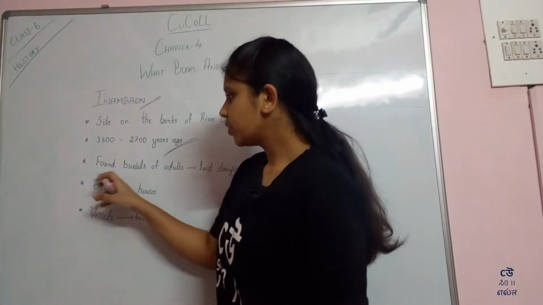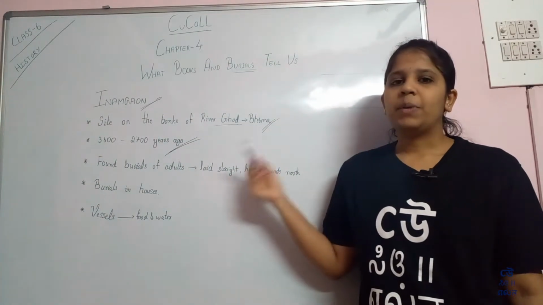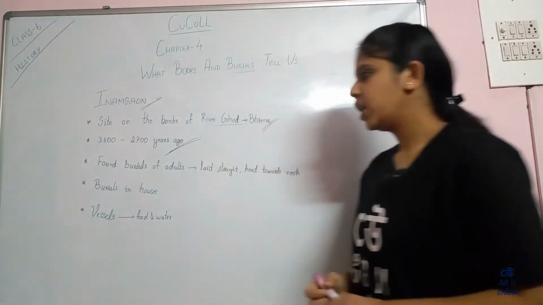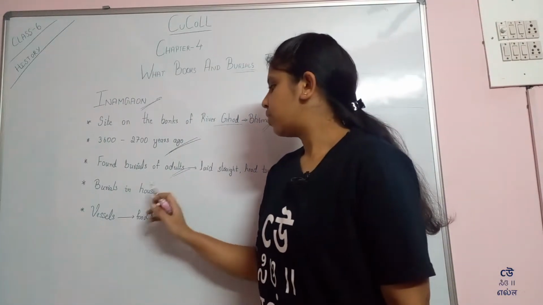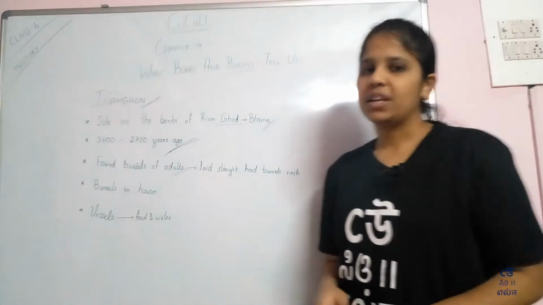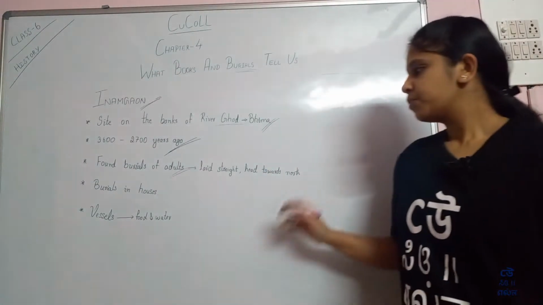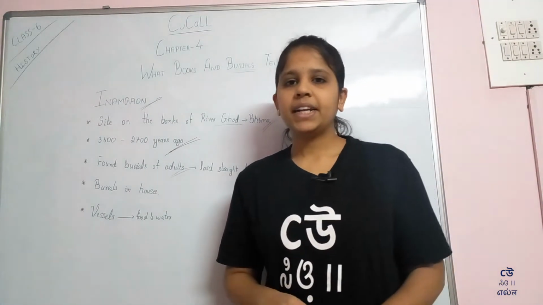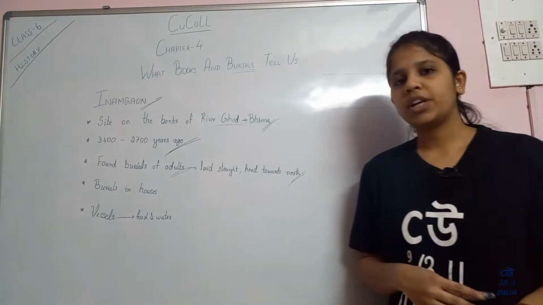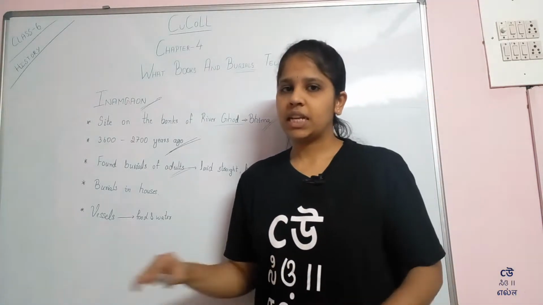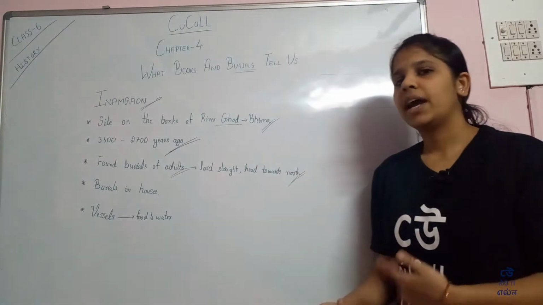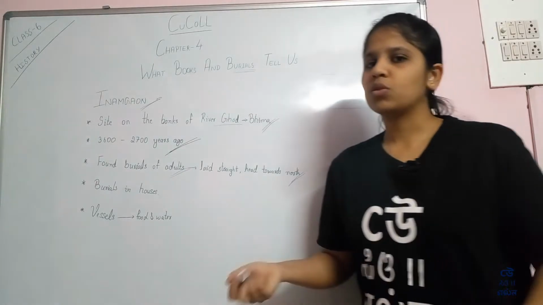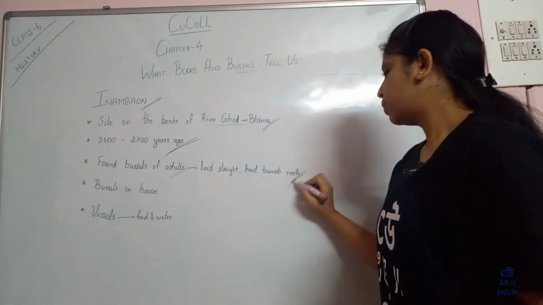In this place, archaeologists found some burials. Most of the burials found were the burials of adults. These adults were buried in the ground, their bodies laid out straight and their heads towards the north.